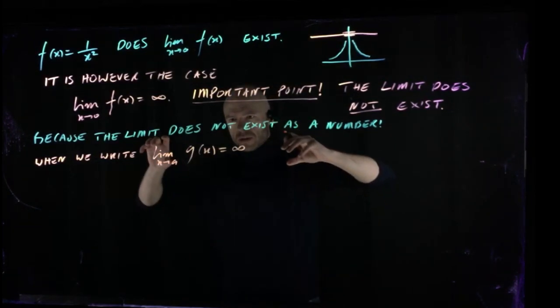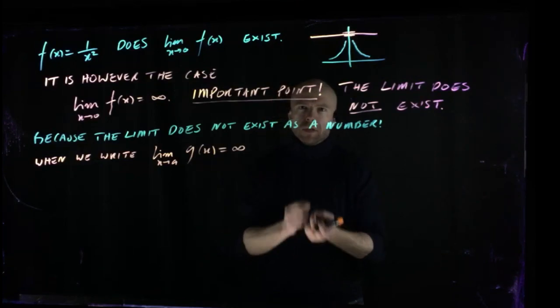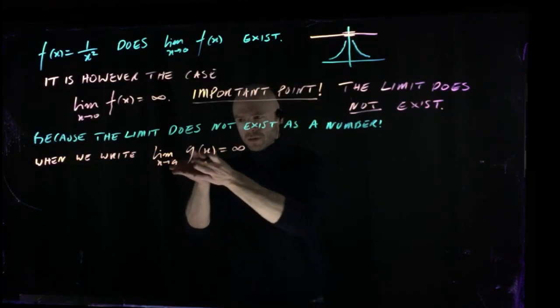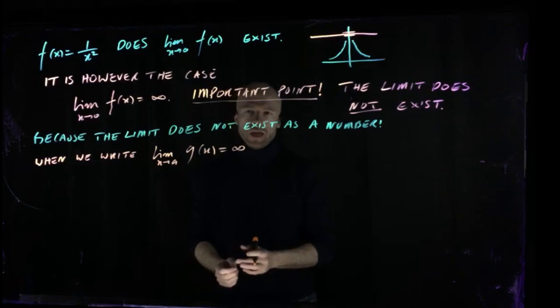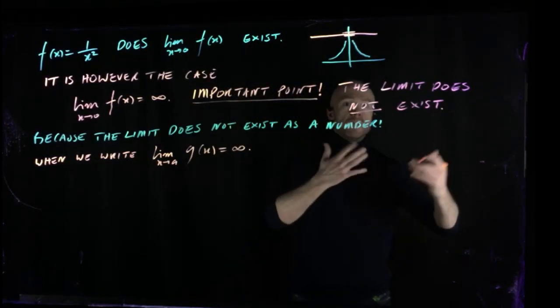It means that we can guarantee that g is bigger than any number at all that we choose, so long as we restrict the values of x to be sufficiently close to a, not equal to a. So again, if I write this in words, it's going to be very cumbersome, but then we'll draw the picture.